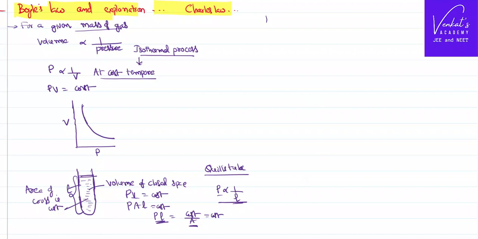Now we'll talk about another law called Charles' law. Charles' law tells you that at constant pressure of the gas, volume of the gas is directly proportional to absolute temperature.